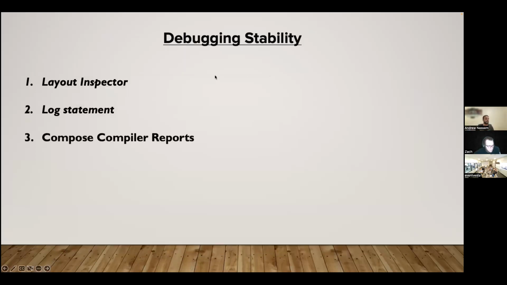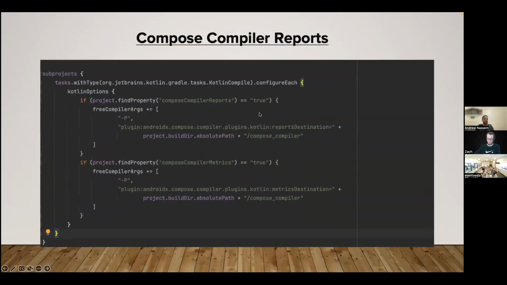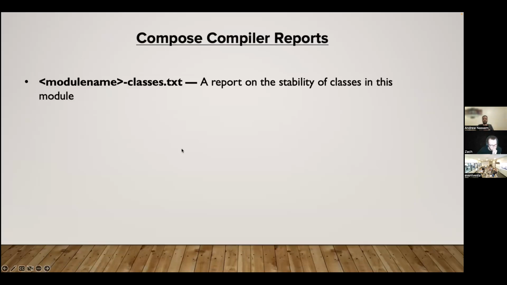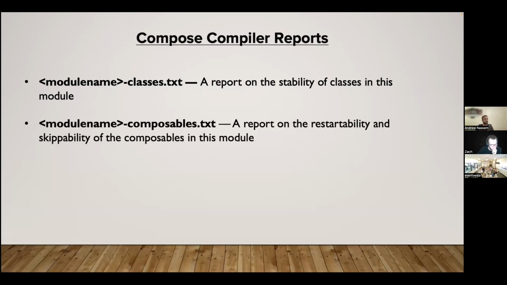The other one is an extension that you can add, which is the Compose compiler report. You can add something like this configuration in your project, and it's going to give you 3 different files. First one is a text file that contains a report on the stability of classes in this module. So it's going to give you 3 files for each module.